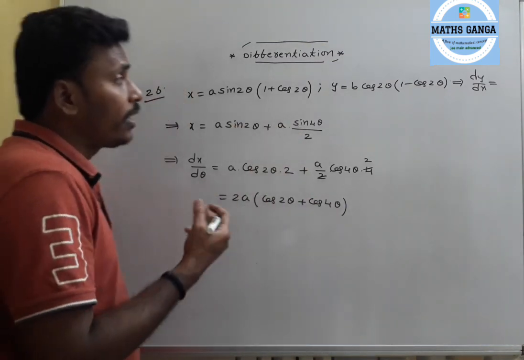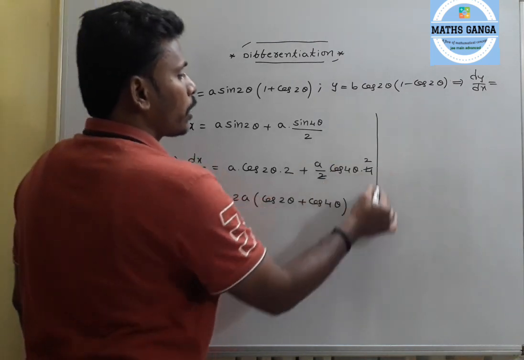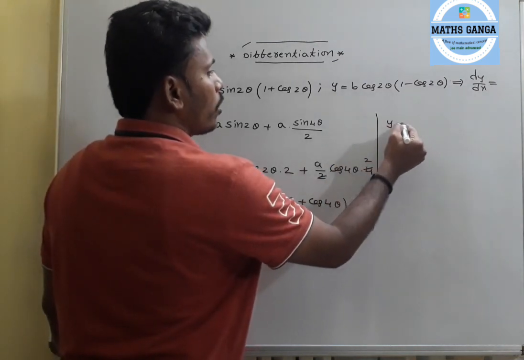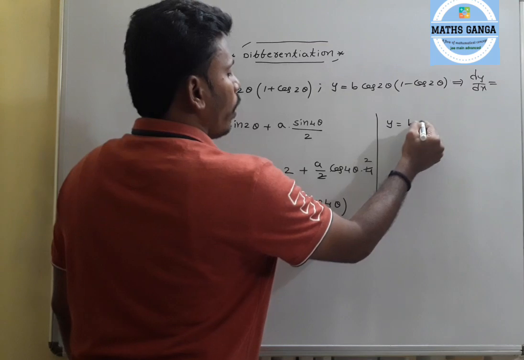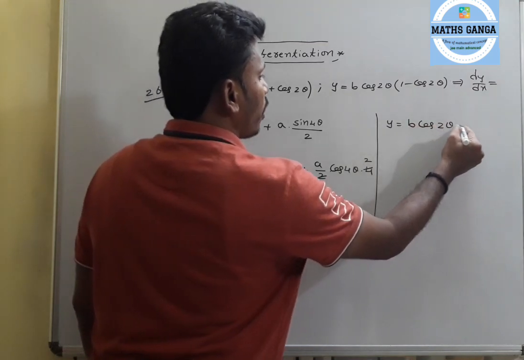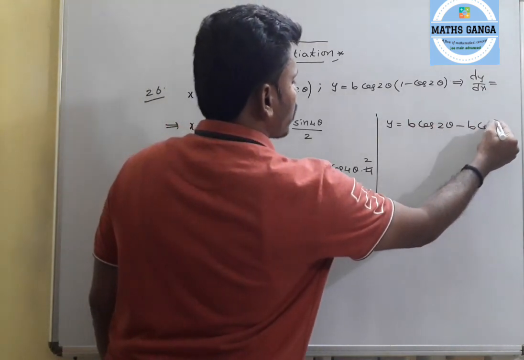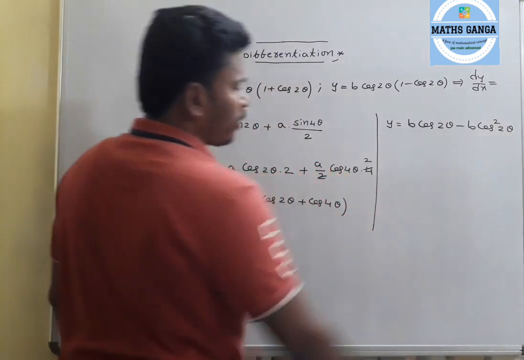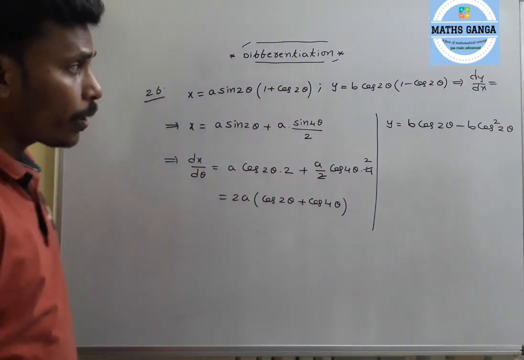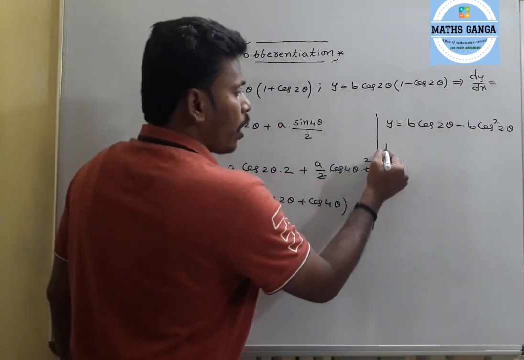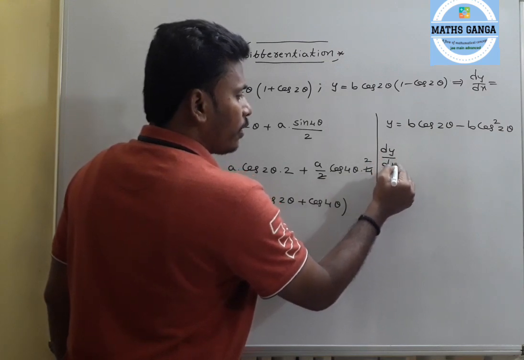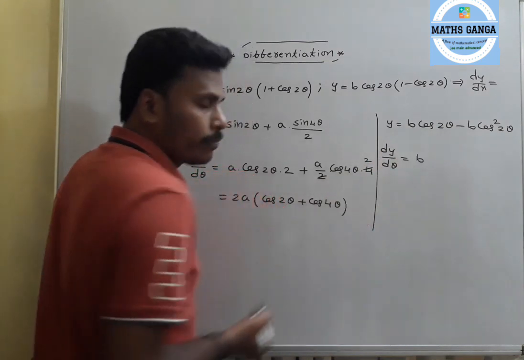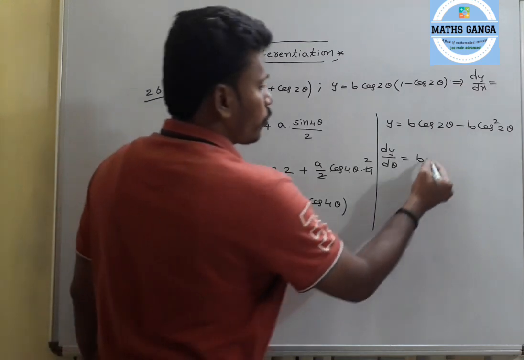Now what do you say about dy by d theta? Okay. Now just look here. Y is equal to b cos 2 theta into 1 is b cos 2 theta minus b cos square 2 theta, right? Cos square 2 theta. So now what do you say about dy by d theta? That is equal to b into, what is the derivative of cos 2 theta?